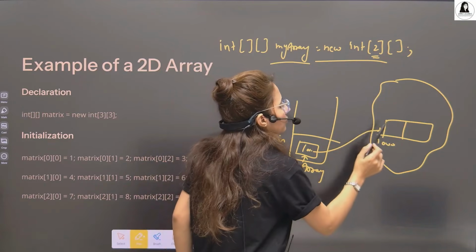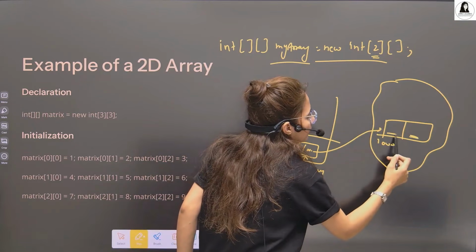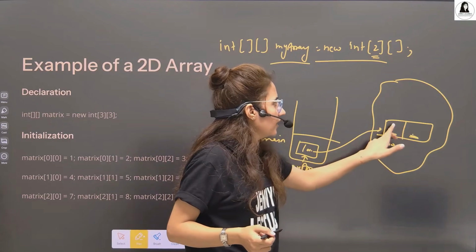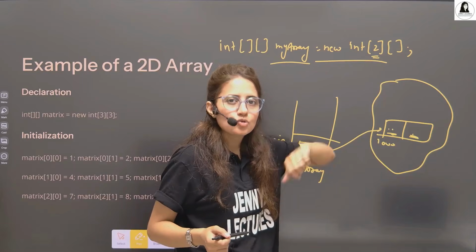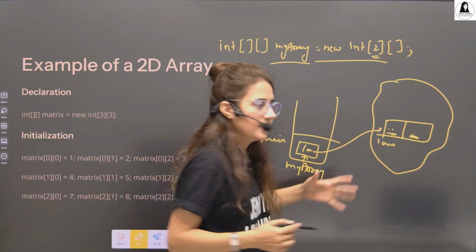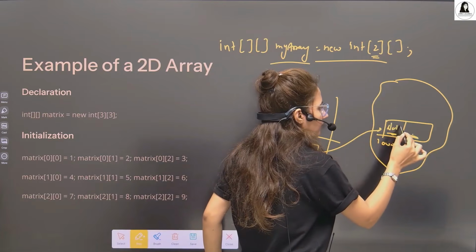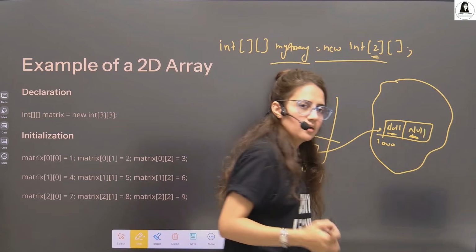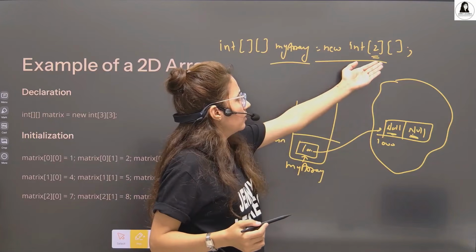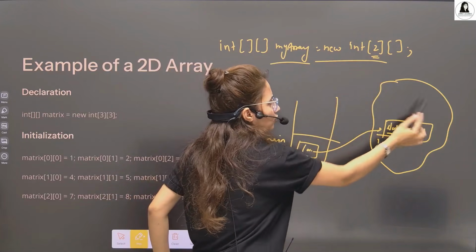Now, these are references because they contain the reference of some other array. By default, if you do not store anything, then it is null, we know. By default, object references are null. Because we don't know how many columns there are, we haven't created the other arrays and stored their addresses.